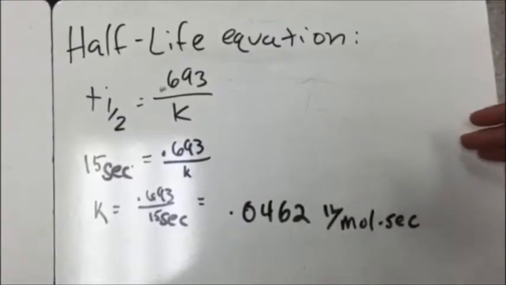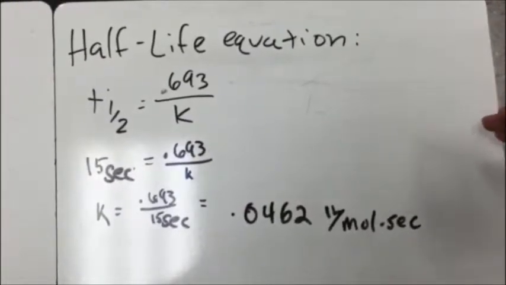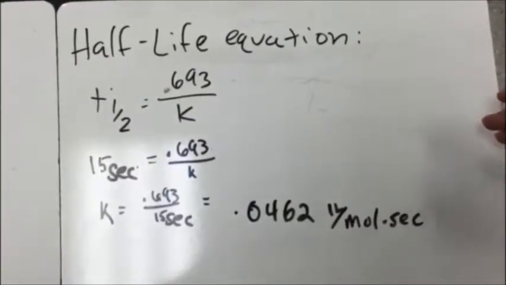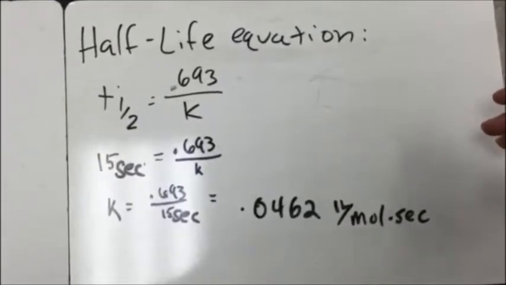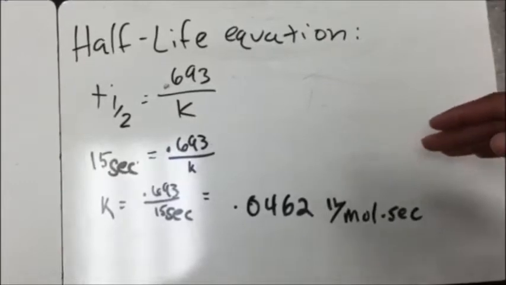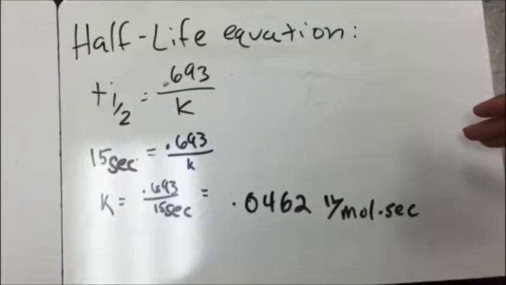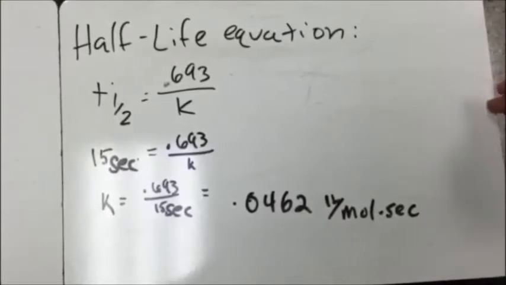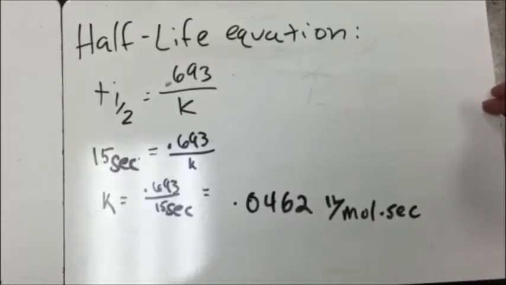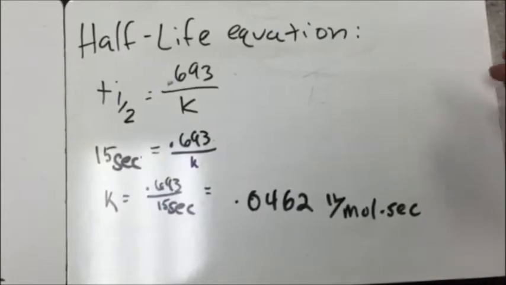Now we're going to isolate k, so we multiply both sides by k. We have k times 15 seconds equals 0.693, and then we divide by 15. Then we have k = 0.693/15 seconds, and that's going to give us 0.0462 liters per mole per second.